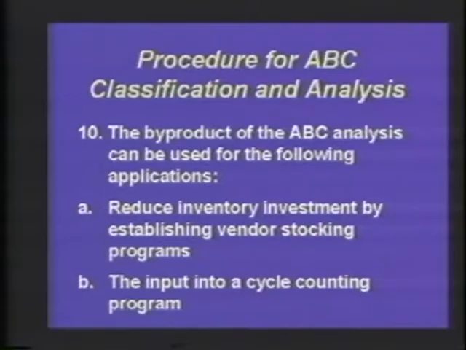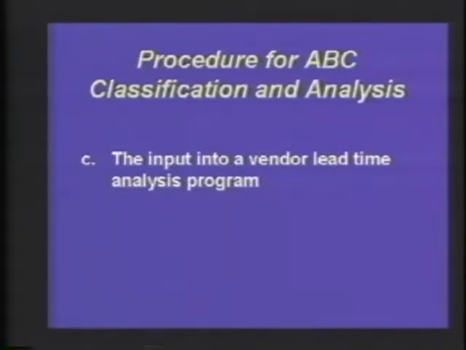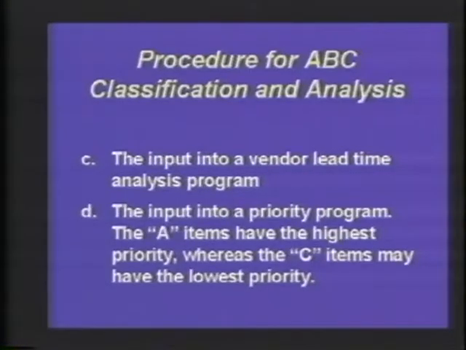It's the input into a vendor lead time analysis program. It is also the input into a priority system where if we had several receipts in the receiving portion of the storeroom, and likewise in receiving inspection, the A's would have the highest priority to get those processed first, followed by the B's, and subsequently the C's.